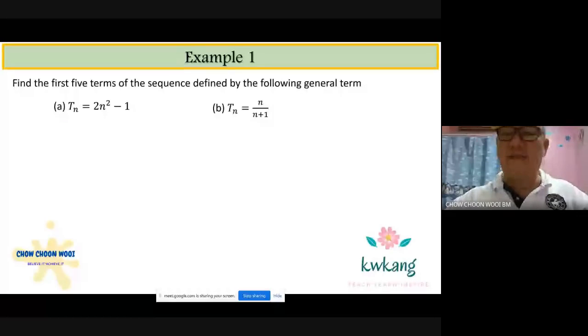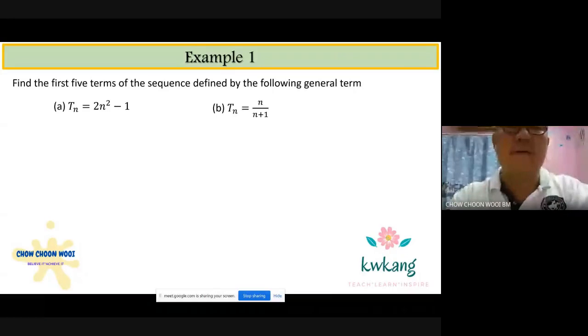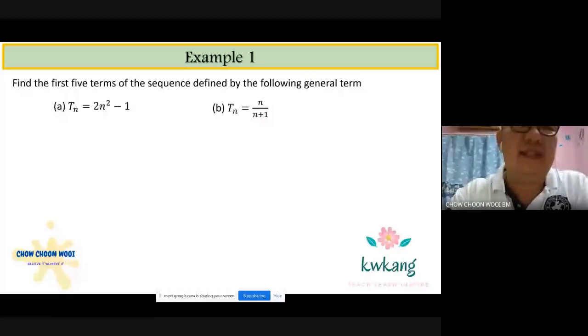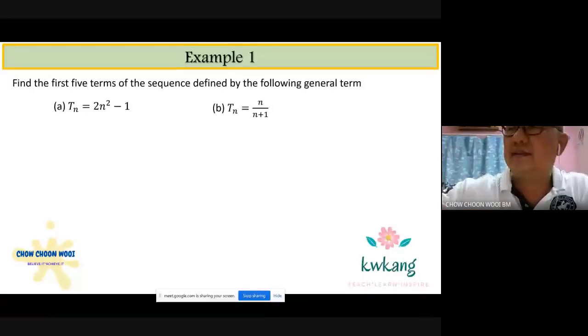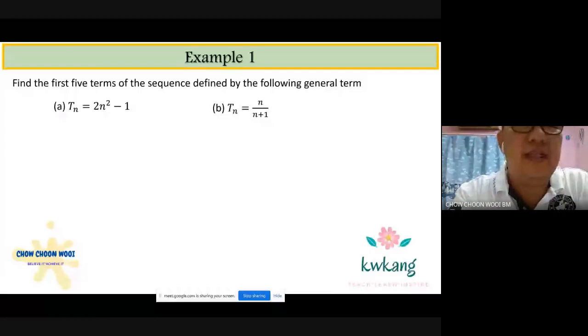Okay, baik. If you look at this one, Tn is equal to 2n minus 1. So basically, I tell you, Tn is equal to 2n squared minus 1. So maksudnya, okay, Tn itu n term.